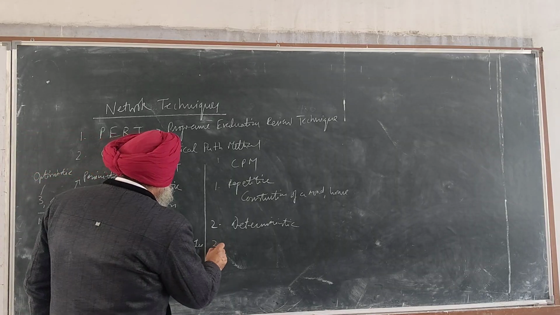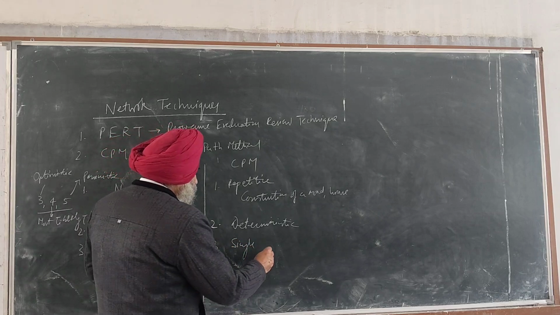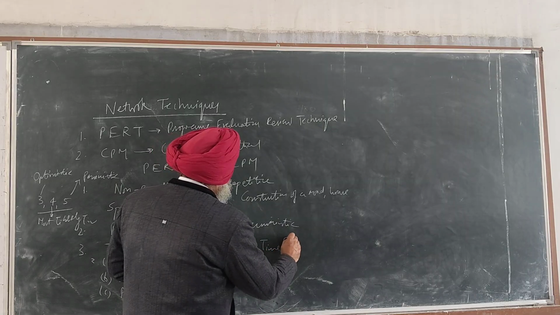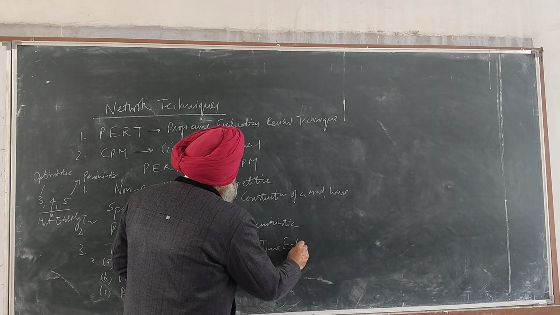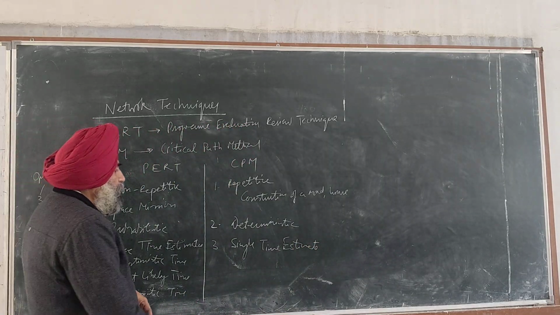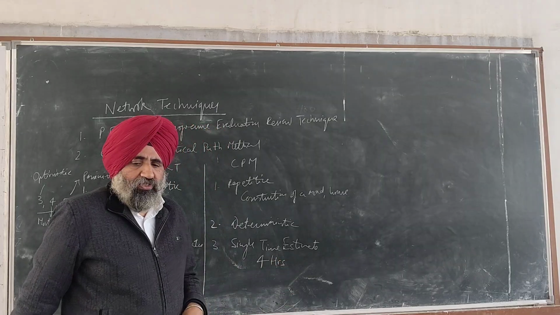And here in CPM, there is a single time associated, because this is deterministic in nature. Single time means there is only one unique value, maybe I say only 4 hours are taken to complete this project.